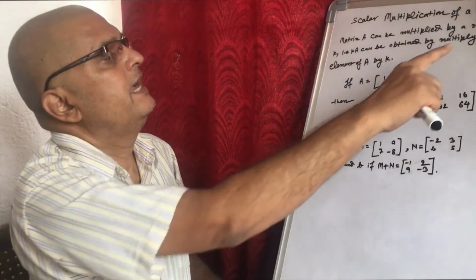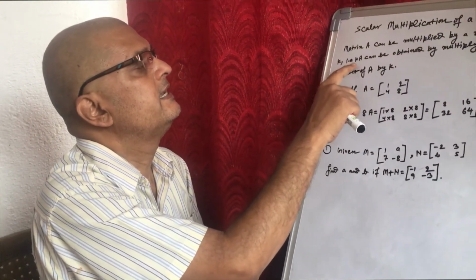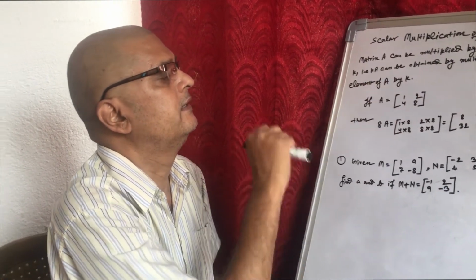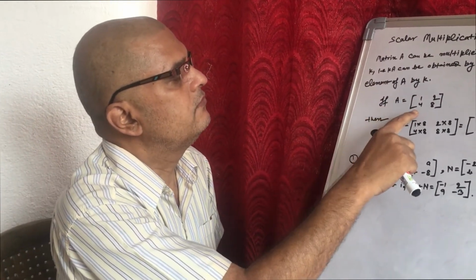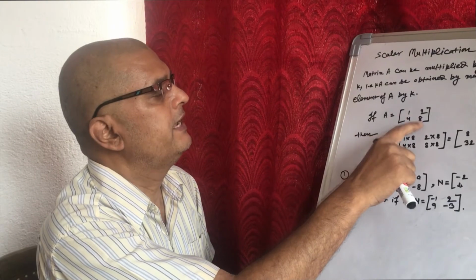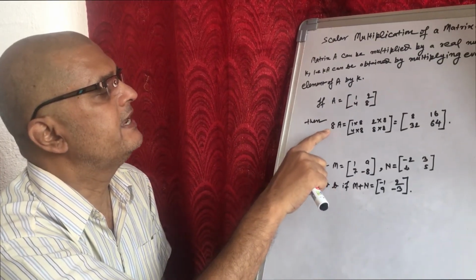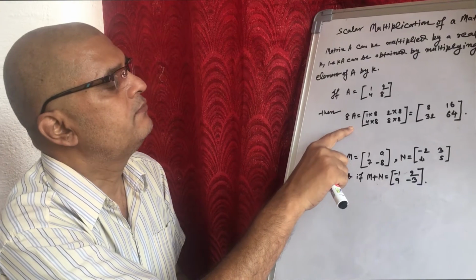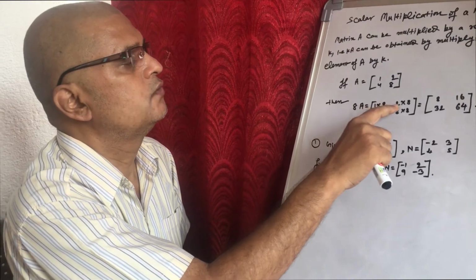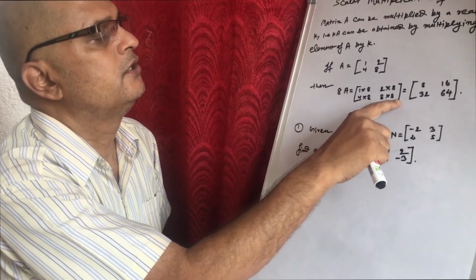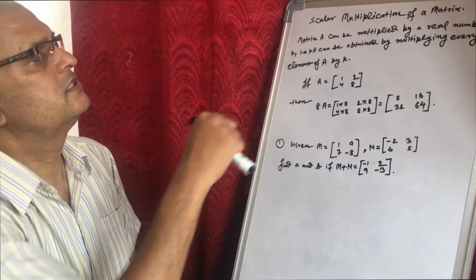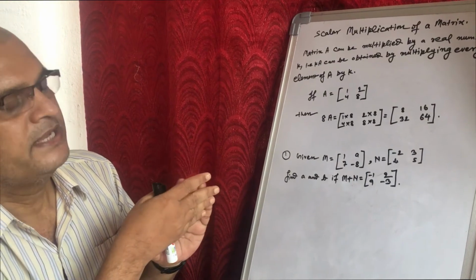Matrix A can be multiplied by a real number K, that is KA can be obtained by multiplying every element of A by K. For example, if A is equal to this matrix and its elements are 1, 2, 4, 8, then 8A, that means 8 into A, is equal to, I have to multiply all the elements with 8. That is 1 into 8, 2 into 8, 4 into 8, 8 into 8. So it is equal to 8, 16, 32, 64. So this is the process of the scalar multiplication of a matrix.